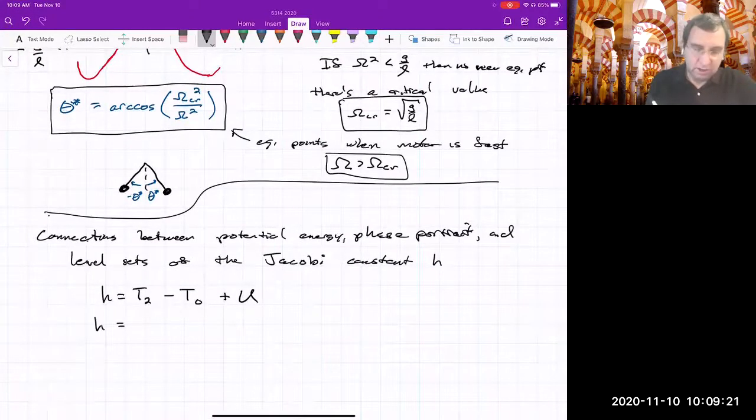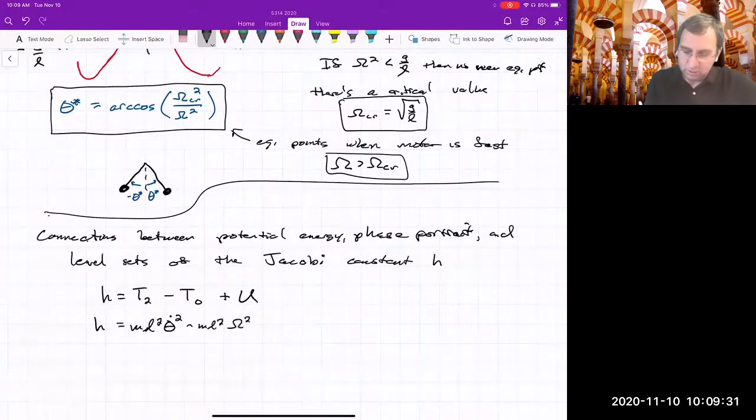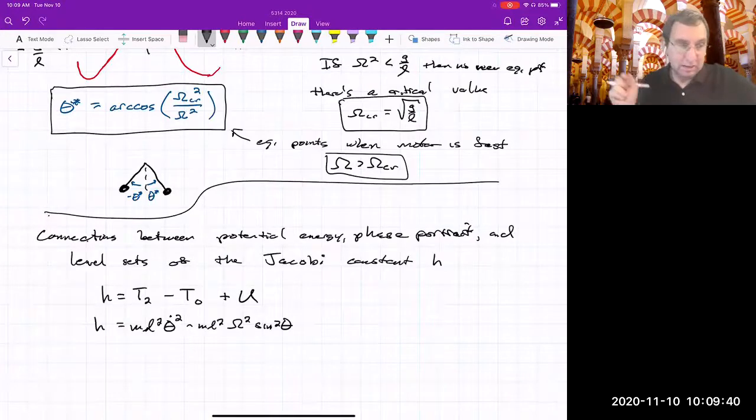So we have H equals ML squared theta dot squared, that was T2, minus ML squared omega squared sine squared theta. And then potential energy. Remember, potential energy was negative 2mgl cosine theta.